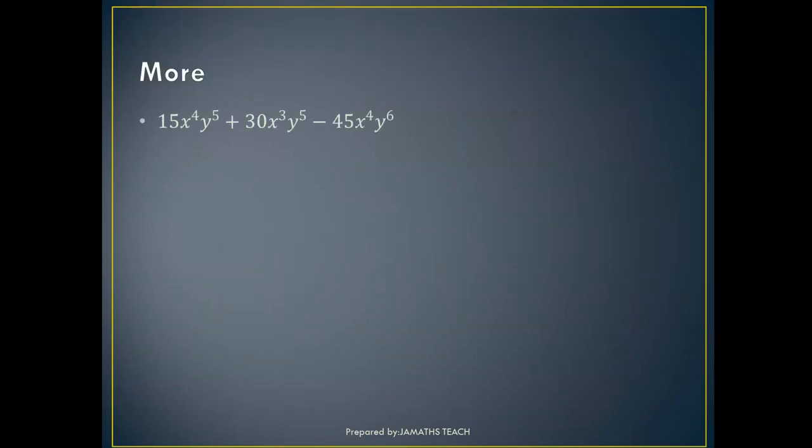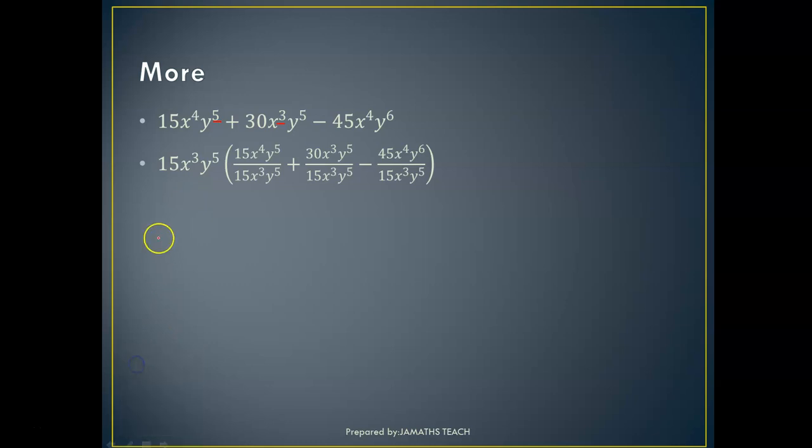Another one. What is the HCF for the numbers? 15, right? Are the letters common to all? Yes, x and y are common to all. So we look at the lowest power for x, that's x cubed, and the lowest power for y, y to the 5th. So our HCF would be 15x cubed y to the 5th.